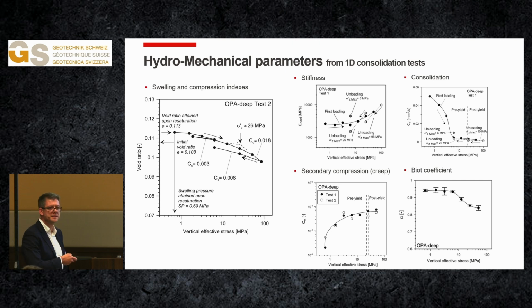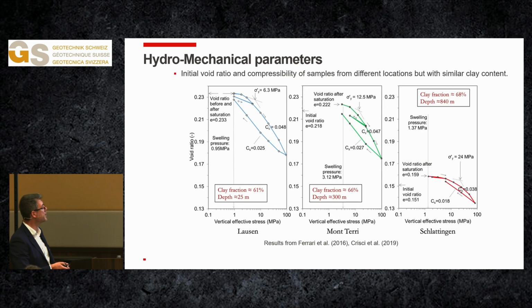So we have the classical oedometric curve, but for each step, we can provide information on the stiffness, on the consolidation, on the secondary compression, so the creep behavior, and also on the Biot coefficient. This type of analysis has been used extensively for many years now for materials coming from different places and different boreholes.